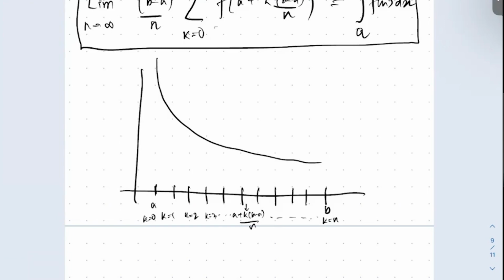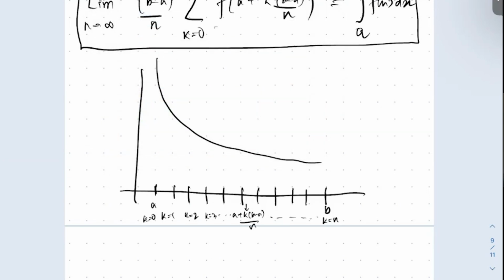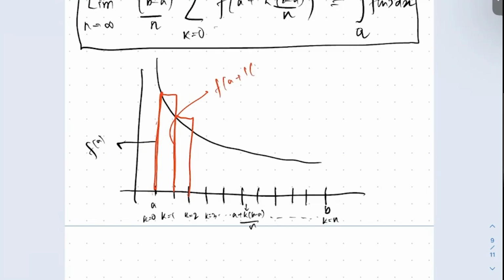Now you want to approximate this area under the curve. You can do it in two different ways. You can take this height and make a box. So this height is f of a, and the next height will be f of a plus 1 times (b minus a) by n.